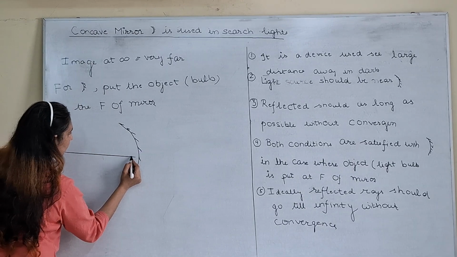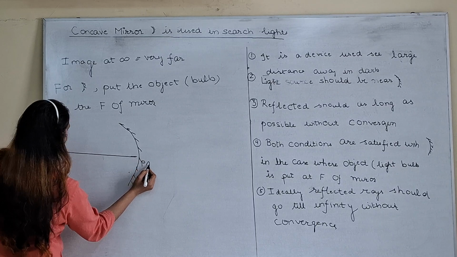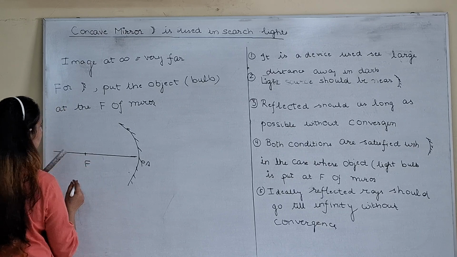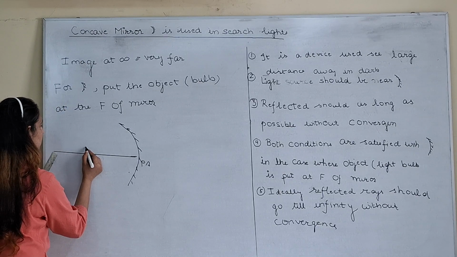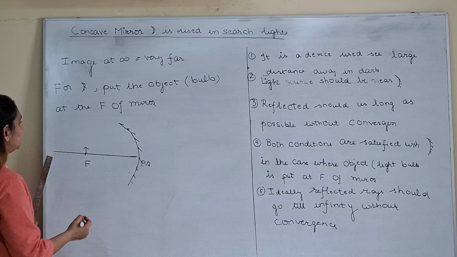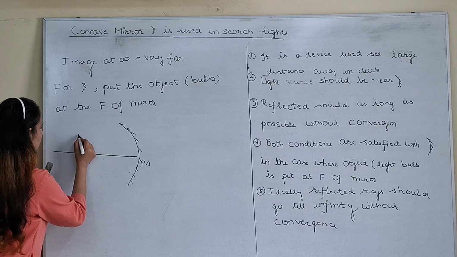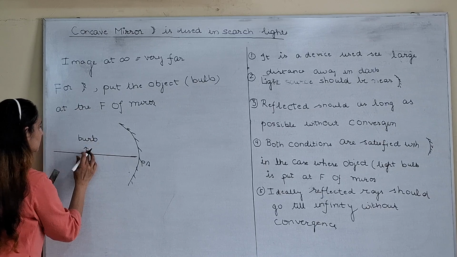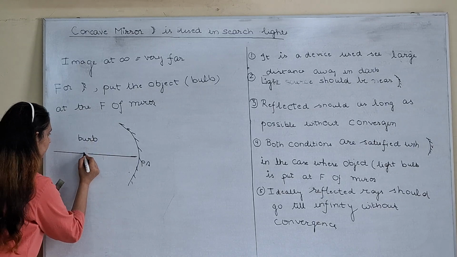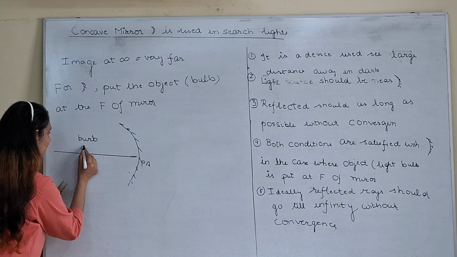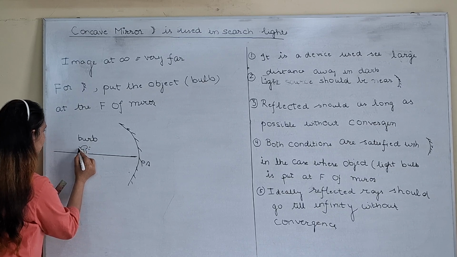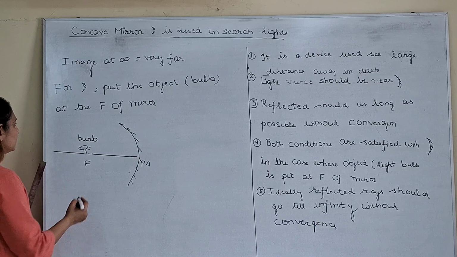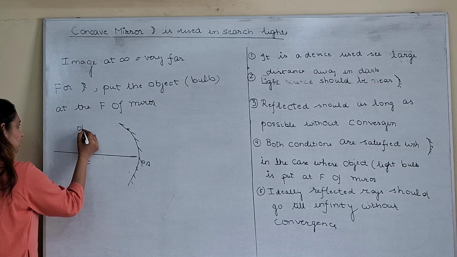So this is the principal axis, and now this is the focus, and now I have an object here. Object में क्या है? Bulb है. Bulb. या फिर let me make a bulb only if I'm able to do that. Not bad. This looks like a bulb or no? So this is a bulb which is put at the object location.